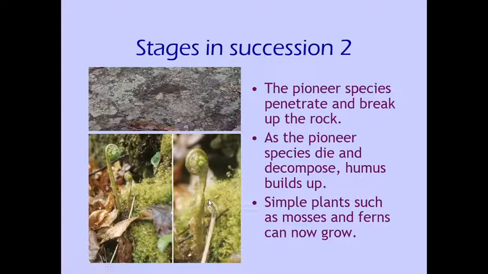After the lichens penetrate the rocks and make the environment hospitable to these simple species, the pioneer species break the rocks, and then the moss and ferns can grow on it and kill the pioneer species.